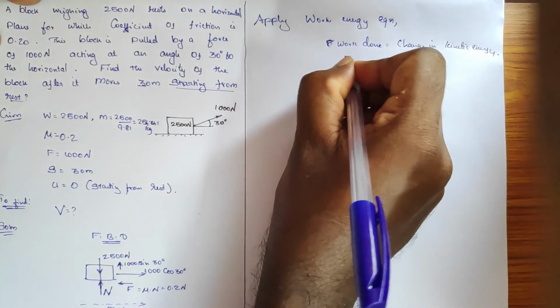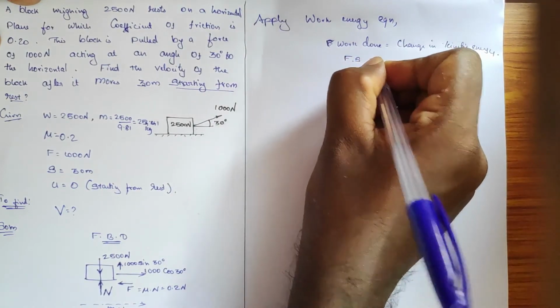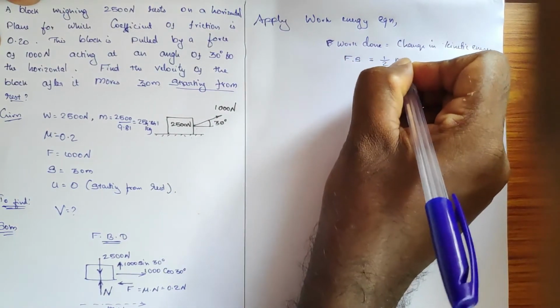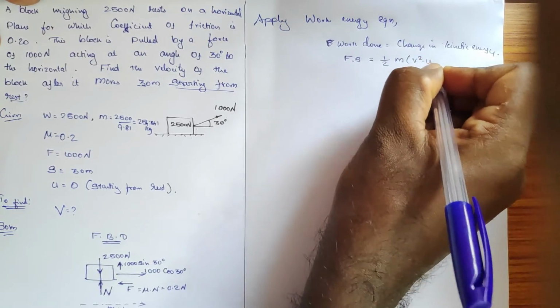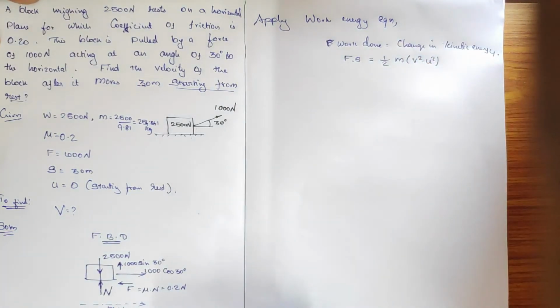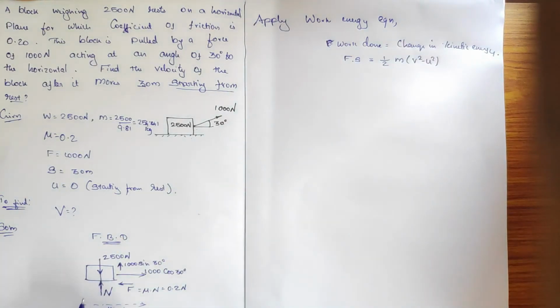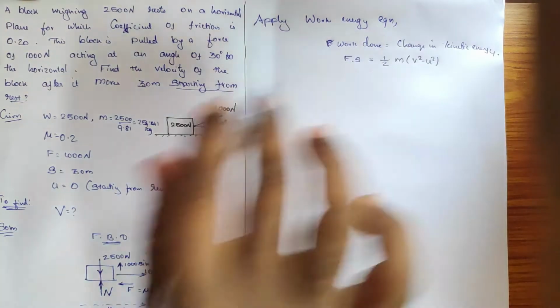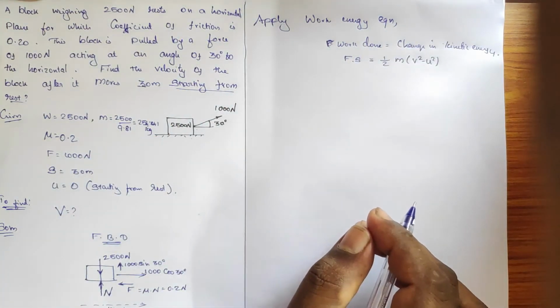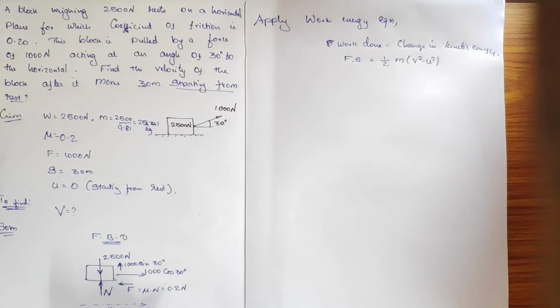Force into displacement is equal to 1/2 mass into v square minus u square, final velocity minus initial velocity. Just look at this diagram. The motion is to the right side, so the work done happens in the horizontal direction.